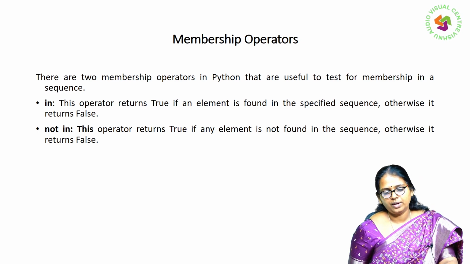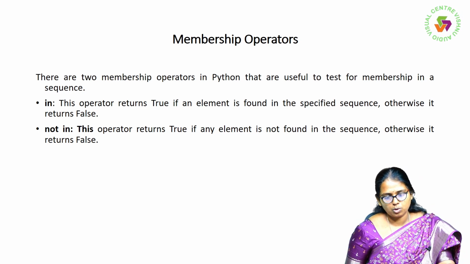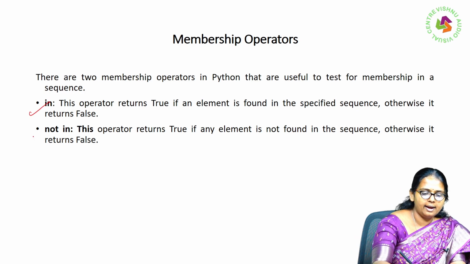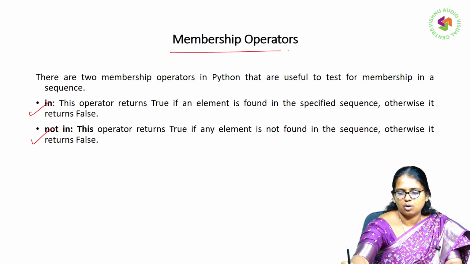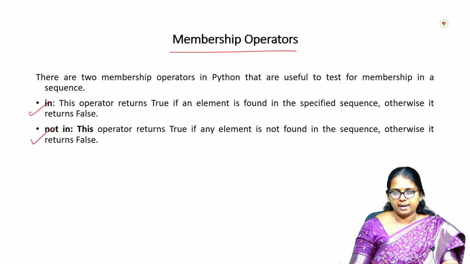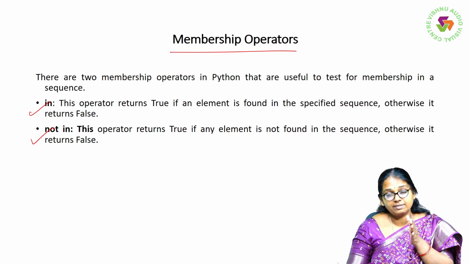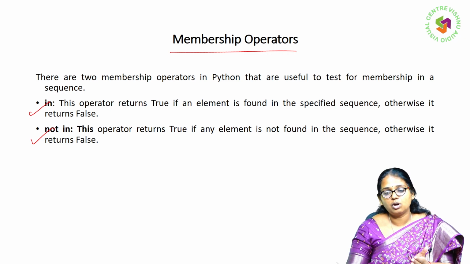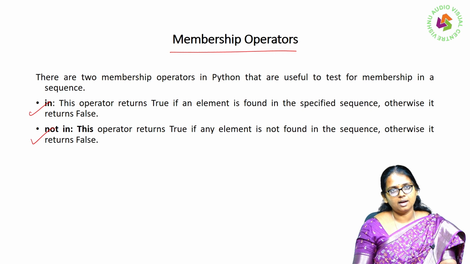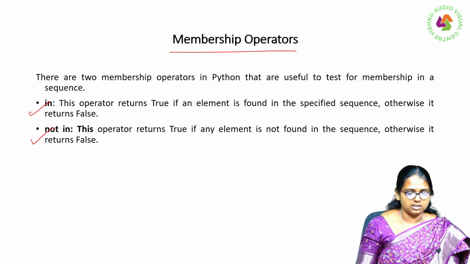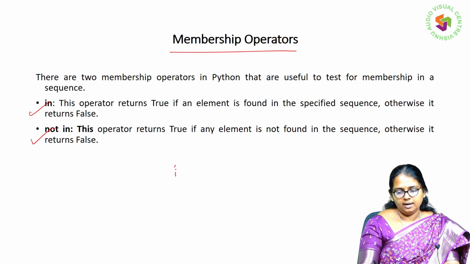Next, we need to learn about the in and not in operators. These operators are known as membership operators. Membership means it will check the availability of an element in a sequence. So these operators are useful to check membership in a sequence.